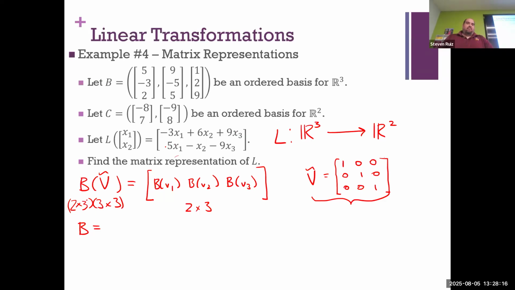I should just get B. Multiplying by the identity is not going to make any changes. So all I really need to look at is stitching these vectors together. What do I get when I input a vector in terms of V1, V2, V3? That's basically what these coefficients are: -3, 6, 9, 5, -1, -9.